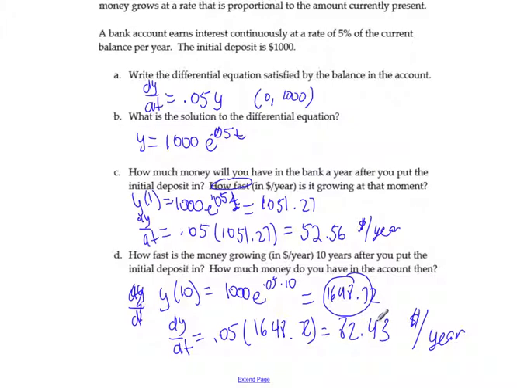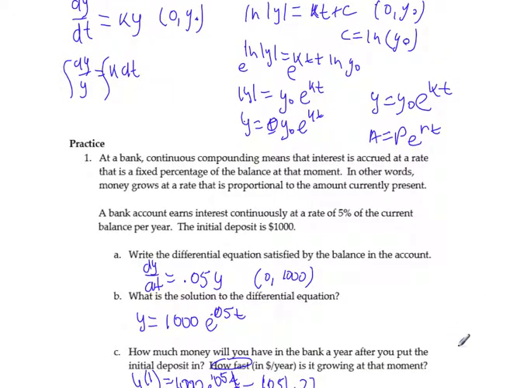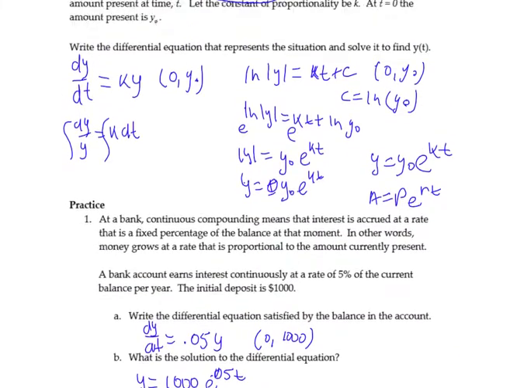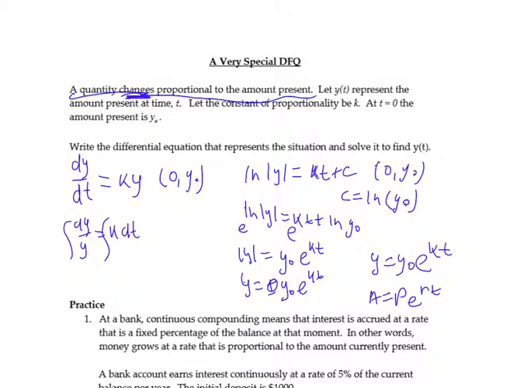Okay, so here's the important part about Wednesday's lesson. When you read a statement like something is changing proportional to the amount present, the differential equation that models it has this form, right?